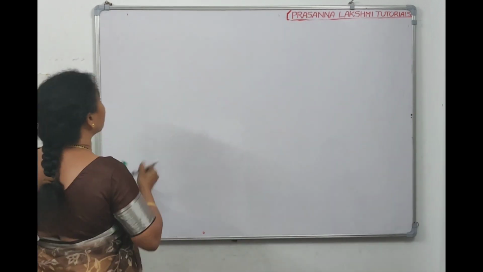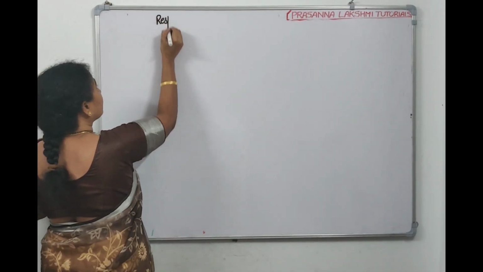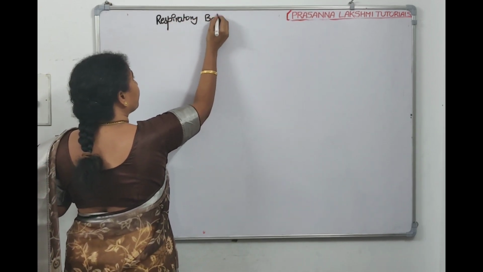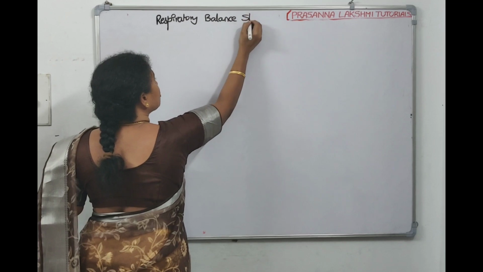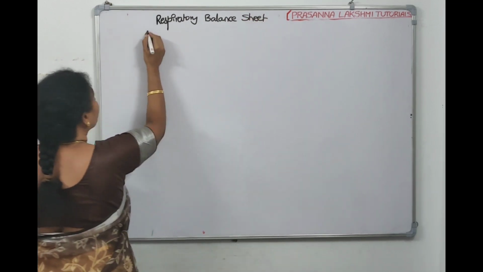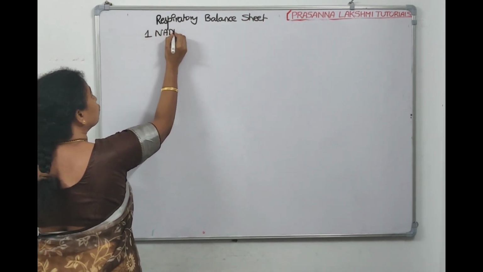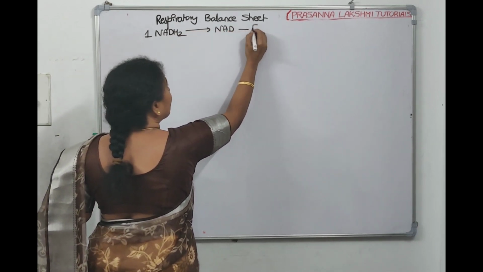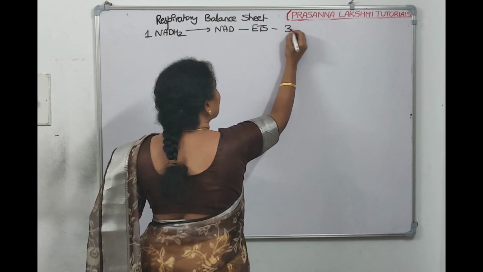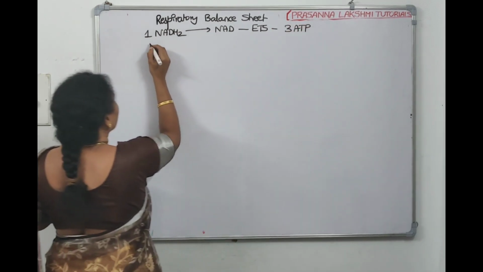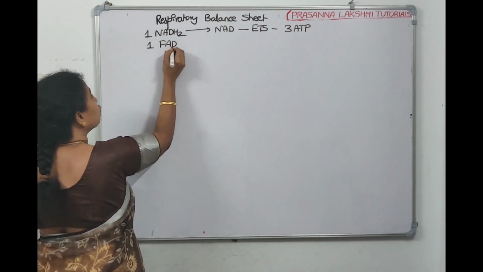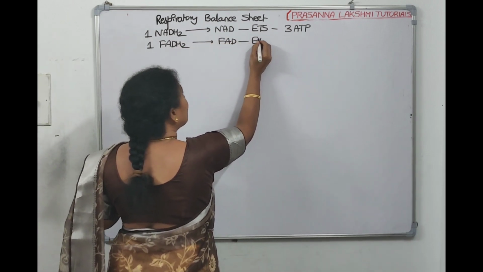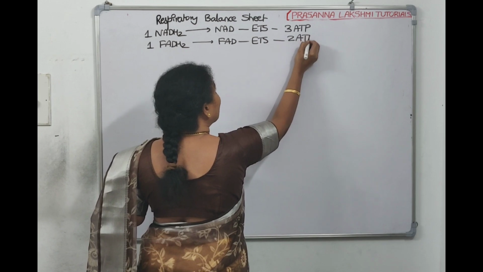That's called the respiratory balance sheet. Now we told for every NADH2 which is oxidized to NAD via the electron transport system, it makes 3 ATP. For every FADH2 which is oxidized to FAD through ETS, it makes 2 ATP.